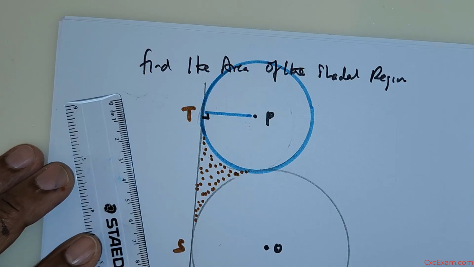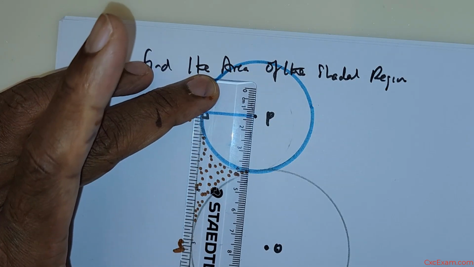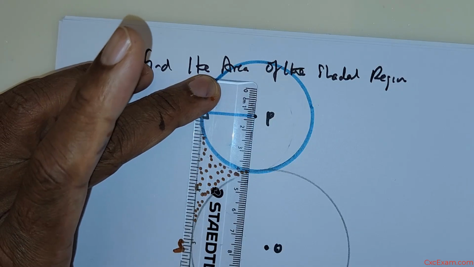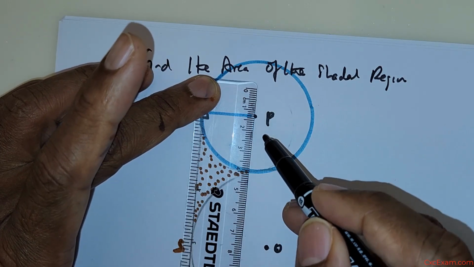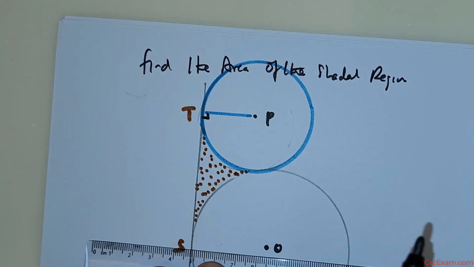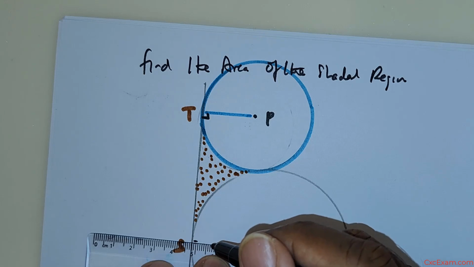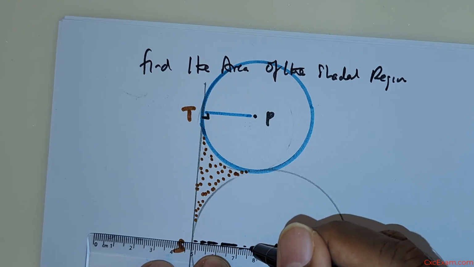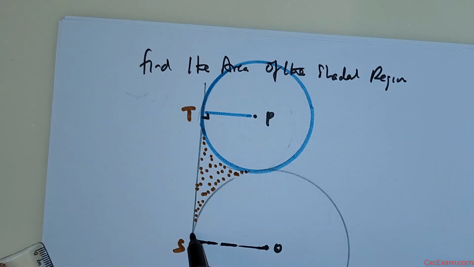So having got that, what I would next do is I will actually drop perpendicular from this point to this point of tangency between O and S. So I will also connect the point between O and S. So this is going to be 90 degrees.